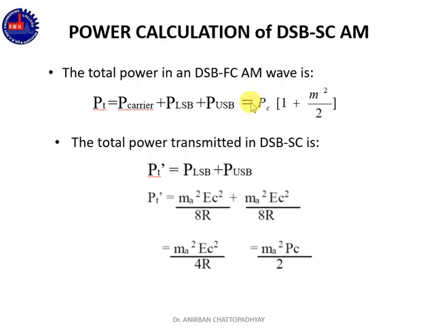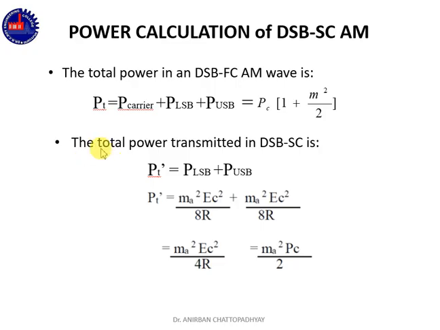I already explained this mathematical derivation in my previous video, where I explained how we can determine the total power and efficiency of the AM signal. Here I directly write the formula. If you want to know the steps, just go through my previous video as I mentioned before.